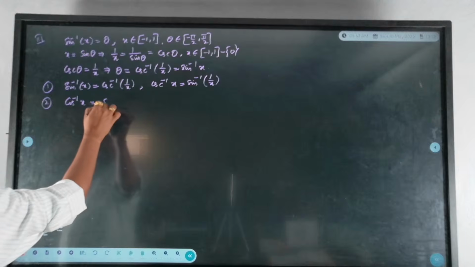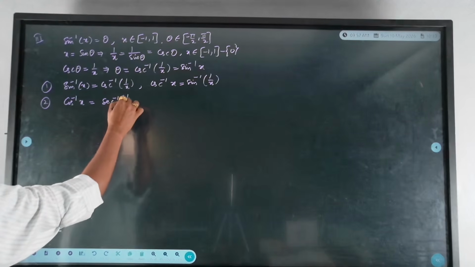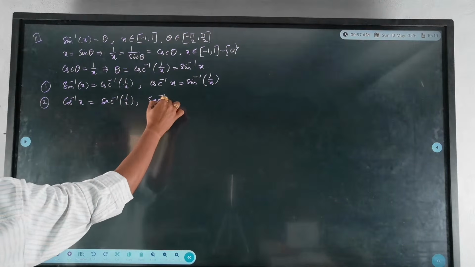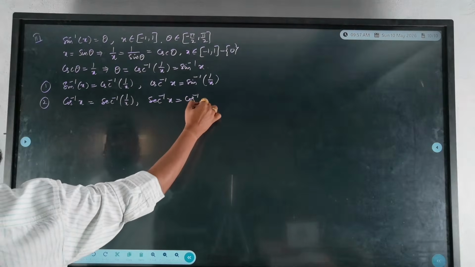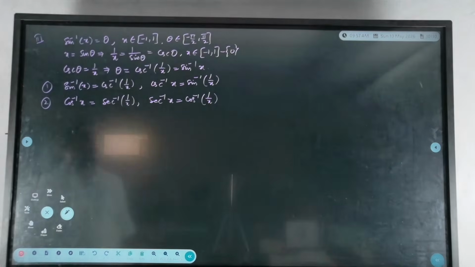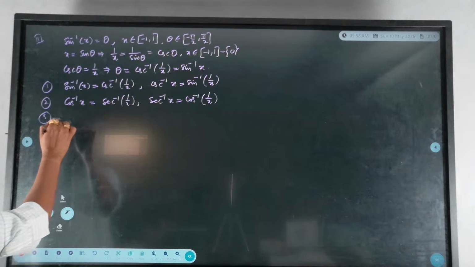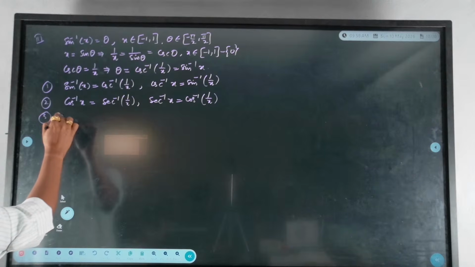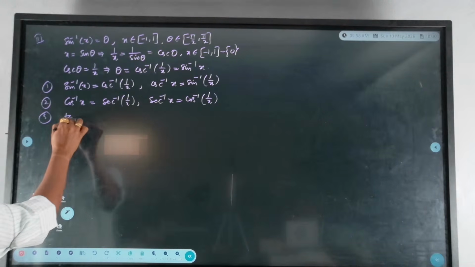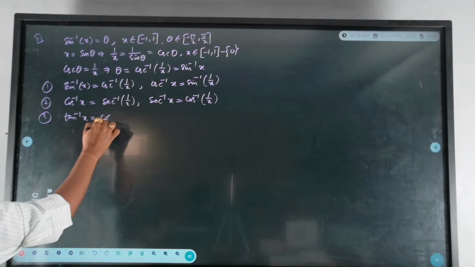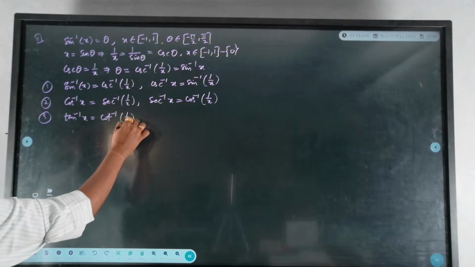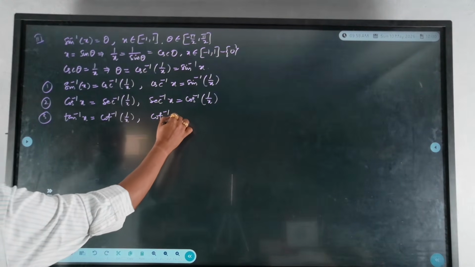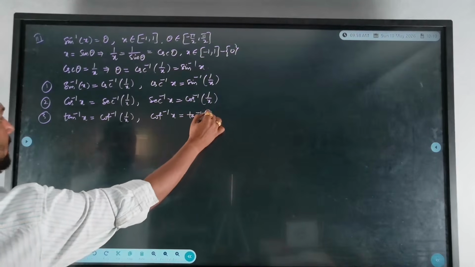Cos inverse x is equal to secant inverse 1 by x. Secant inverse x is equal to cos inverse 1 by x. Tan inverse x is equal to cot inverse 1 by x. Cot inverse x is equal to tan inverse 1 by x.